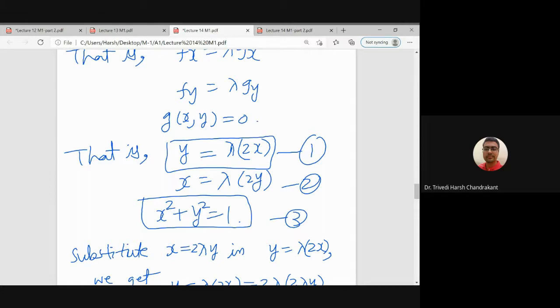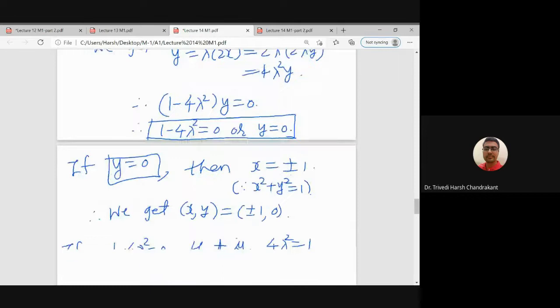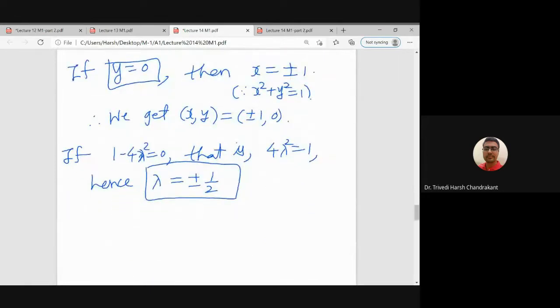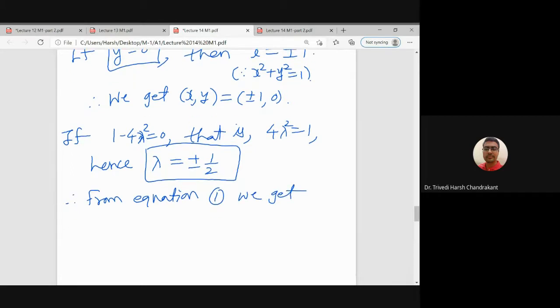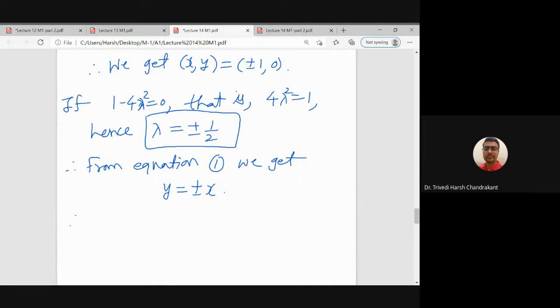So that is y equals plus or minus x, right? So from equation 1, we get y equals plus or minus x, or x equals plus or minus y.